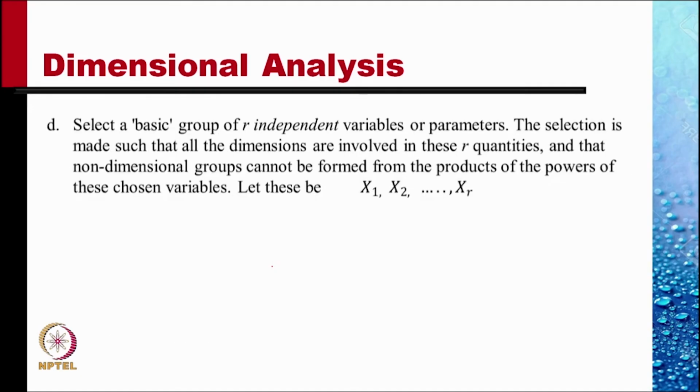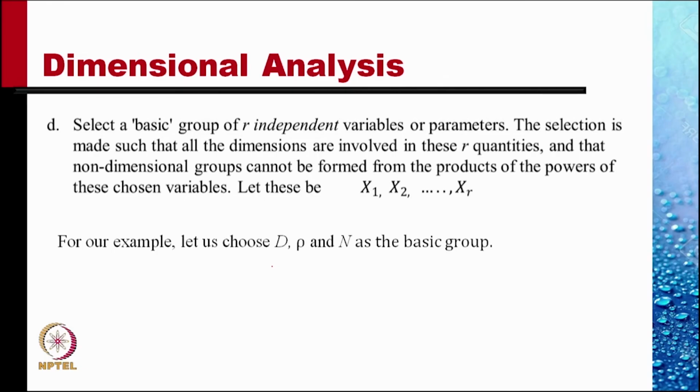Select a basic group of r independent variables or parameters. The selection is made such that all the dimensions are involved in these r quantities and that non-dimensional groups cannot be formed from the products of the powers of those chosen variables. Let this be x1, x2, xr.